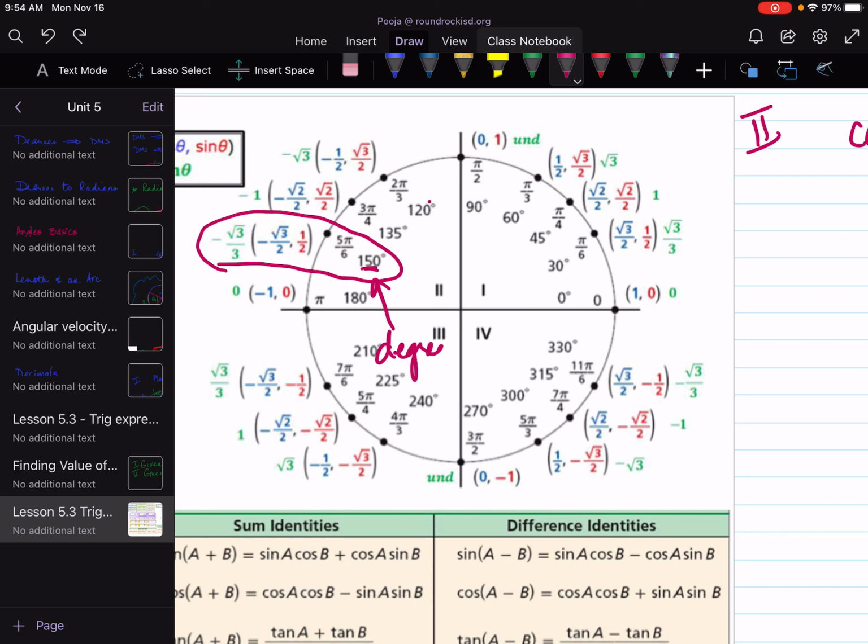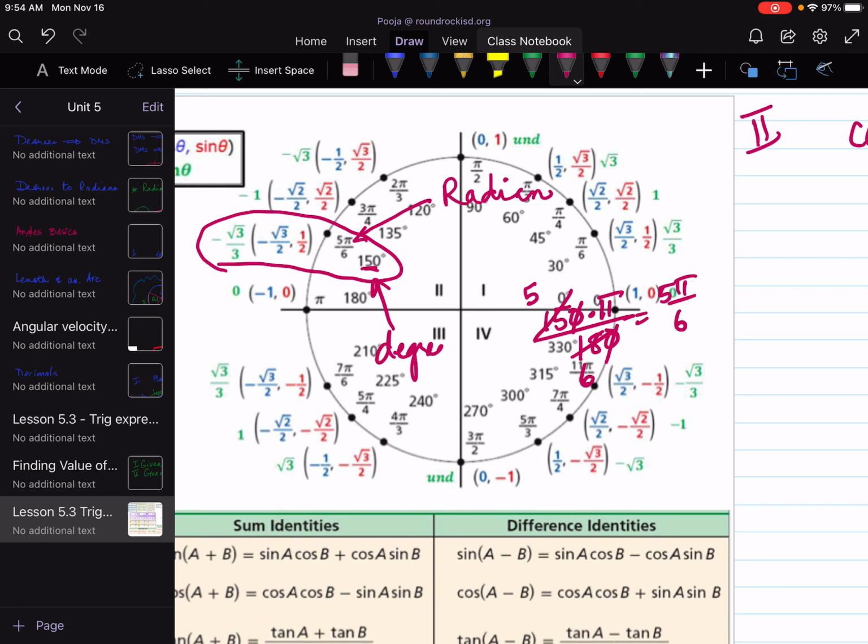The next thing here is the radian equivalent of 150 degrees. If 150 degrees was converted into radians, we would multiply it by pi over 180, like how we learned in class. Zeros cancel, 3 goes into 15 5 times, 3 goes into 18 6 times, and hence this is 5 pi over 6.